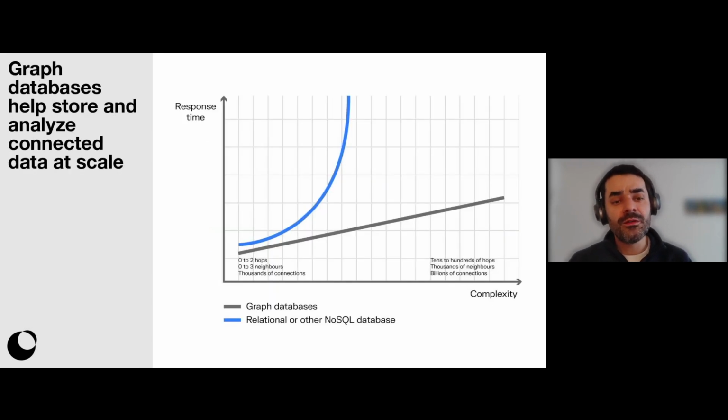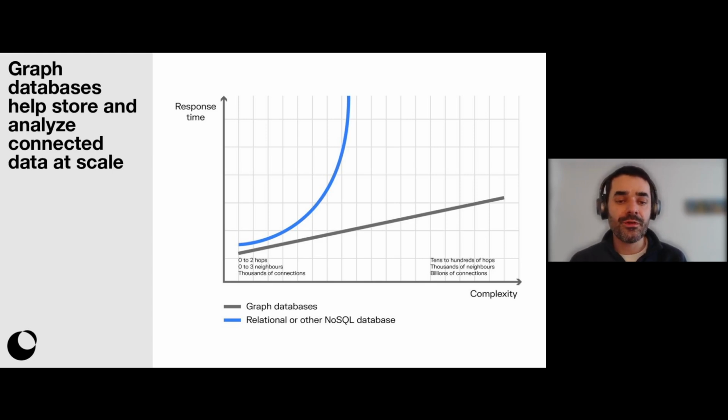And something that's important to understand is that once we are working with data stored as a graph, once we are trying to apply graph analytics to this data, then graph databases really quickly become critical. Because graph databases have been built from the ground up to store and analyze connected data at scale.